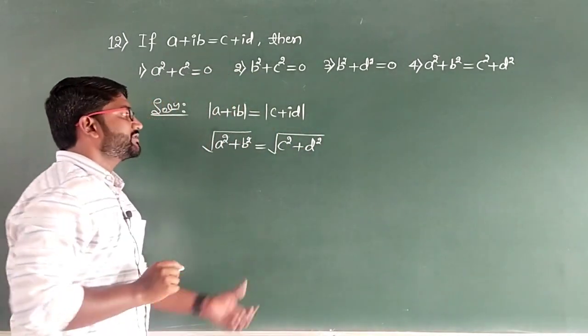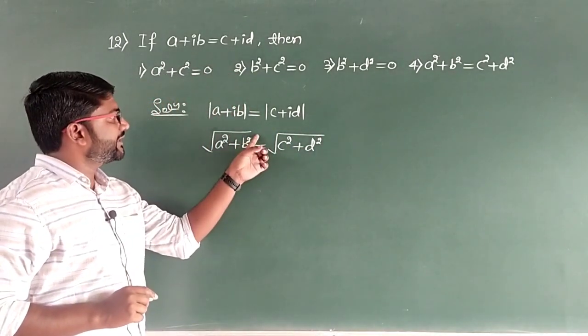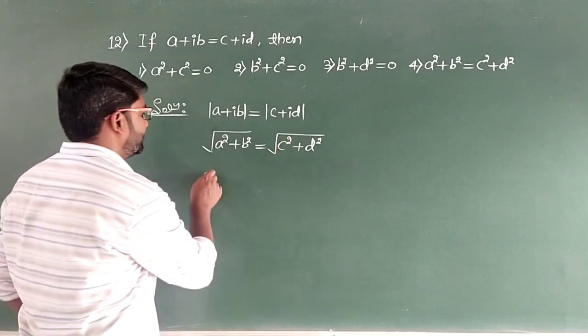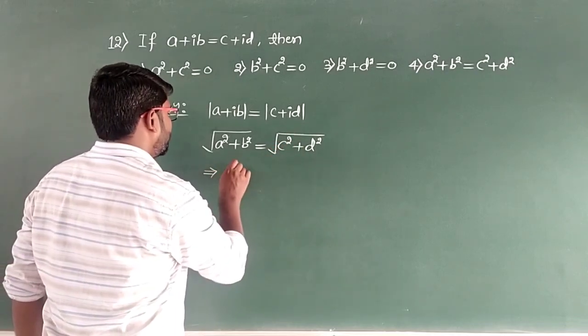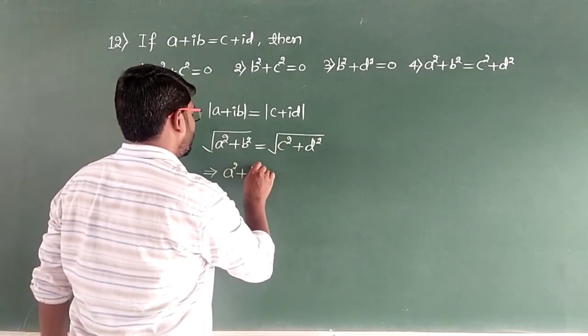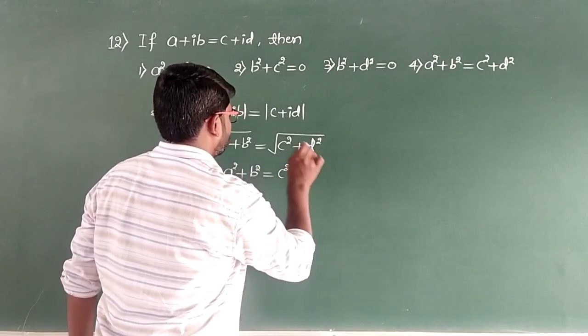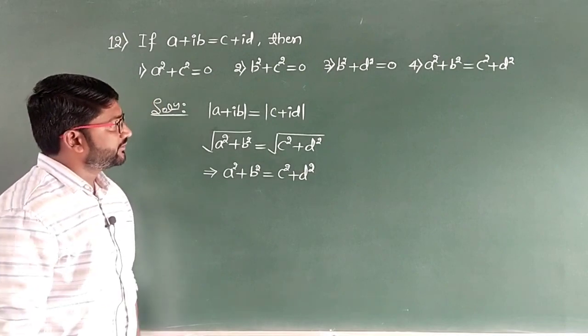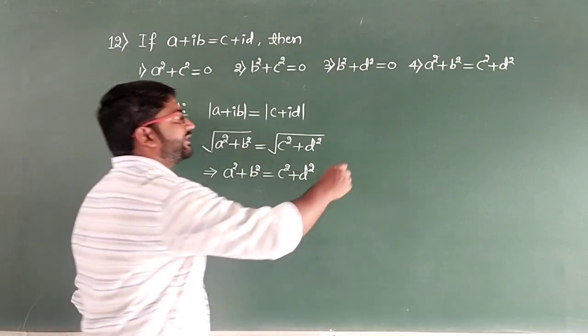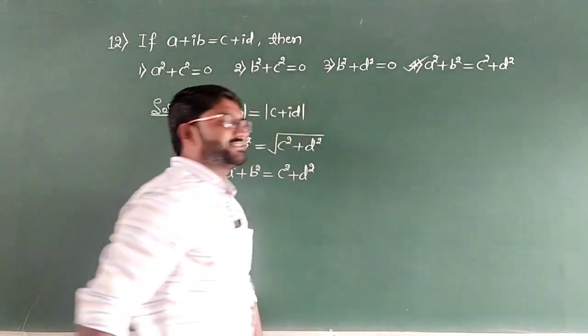So now square on both the sides so that the square and roots are eliminated. This implies we get a square plus b square, which is equal to c square plus d square. So this is the required answer. Check all the four options now. Option 4 is the correct answer.